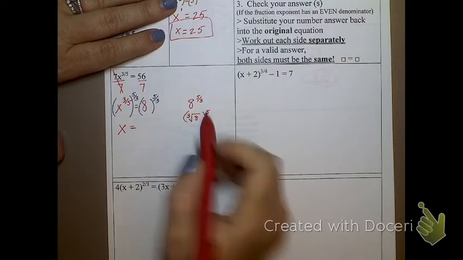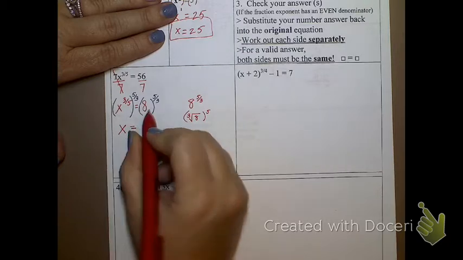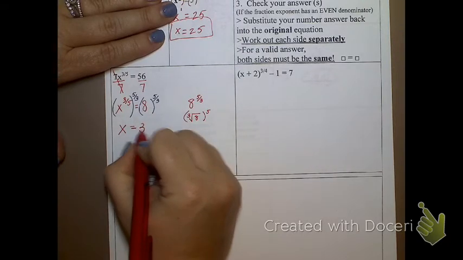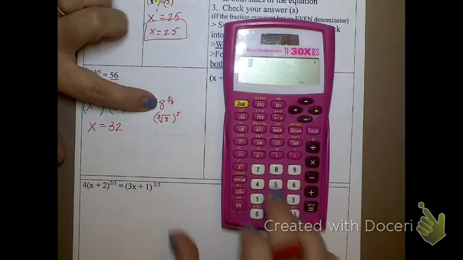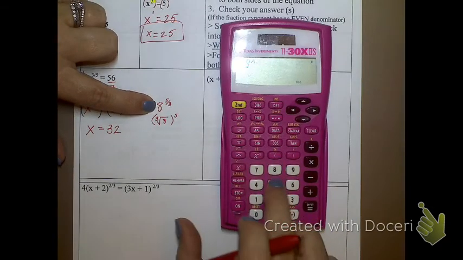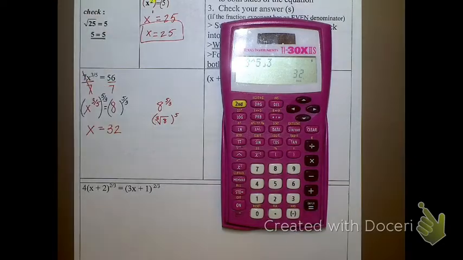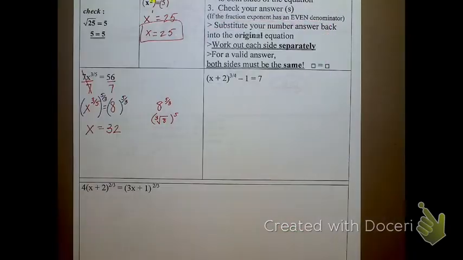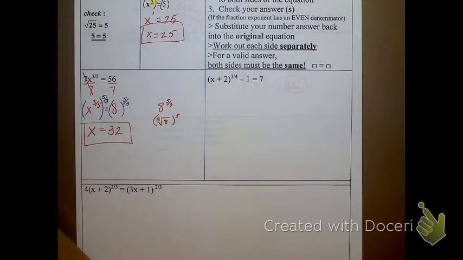What's 2 to the 5th? 4, 8, 16, 32. 32. Can I check that on my calculator if I want to? 8 to the 5/3 power is 32. And I don't need to check it because I had that odd index. So it's basically the same as yesterday, just a little different.